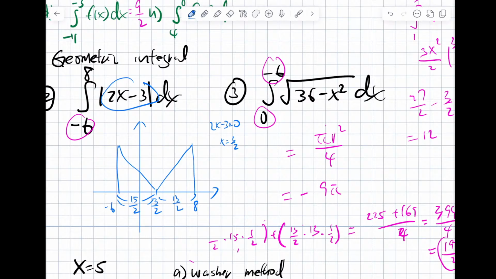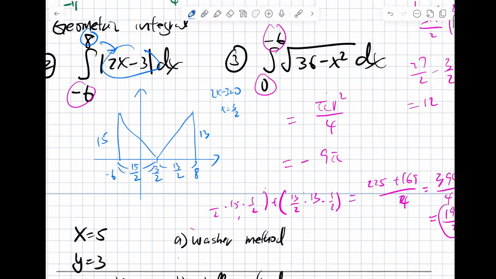If I want to find the height, I just plug the 8 in here. 8 times 2 is 16, 16 minus 3 is 13. What's the height of the other side? 15, positive, not negative, because of absolute value.